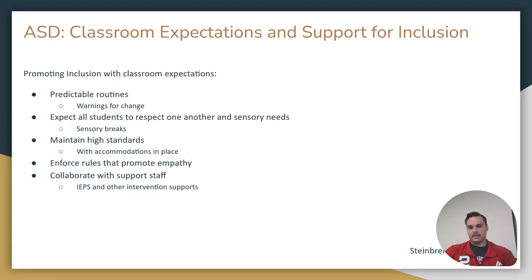It's also important for us to maintain high academic standards while we're still using accommodations. That's just to promote students showing what they know and gives them more chances to show what they know. This also communicates respect and really tells that student that they belong in this classroom and they're welcome in this classroom.